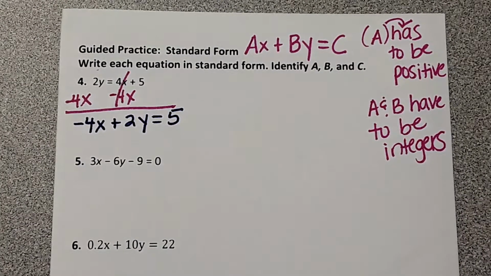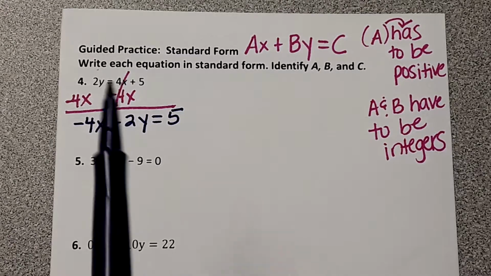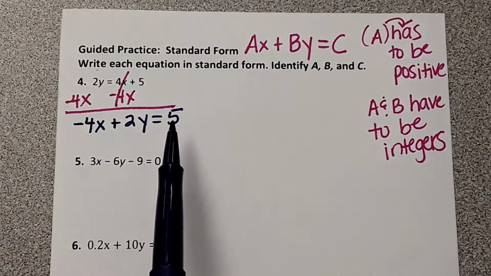So now it looks like AX plus BY equals C.